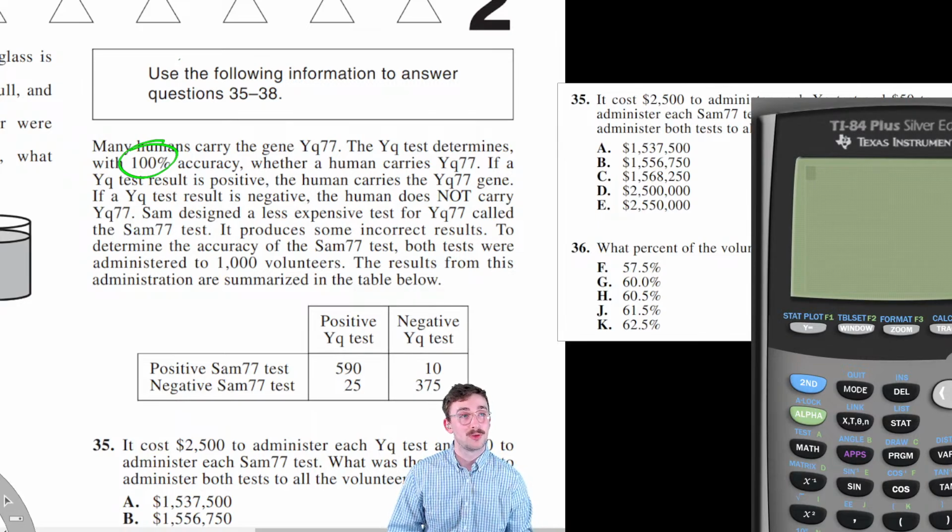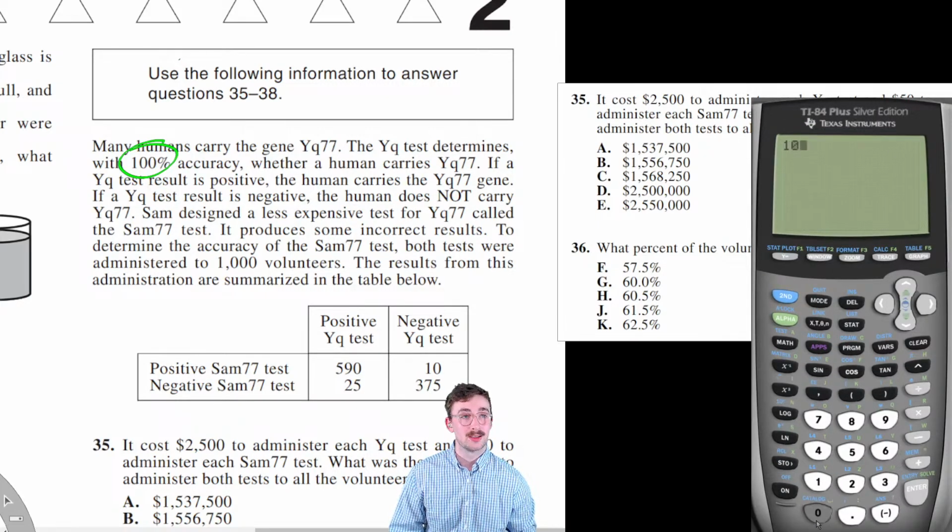For each of the 1,000 volunteers, we are going to be spending $2,500, and then another 50. I'm actually a little bit scared about how I'm going to do this order of operations. I think what I'm going to do is 1,000 times 2,500. That's the one test. Let me make sure I'm counting my zeros right.